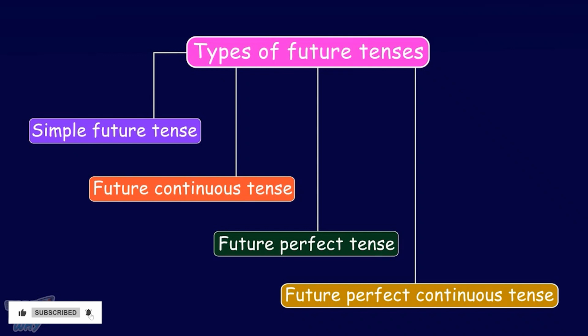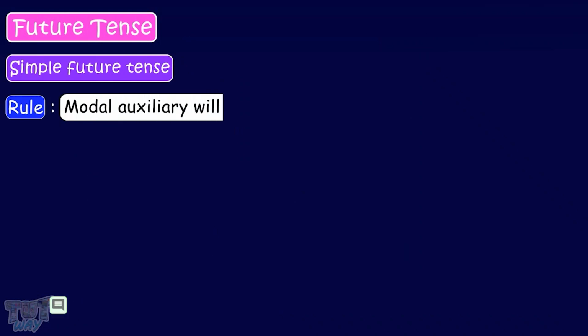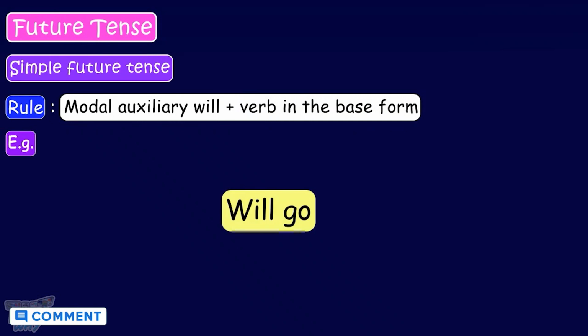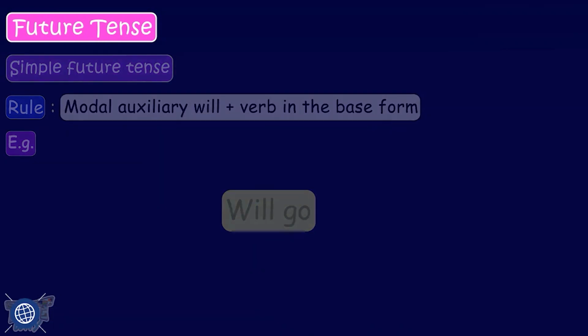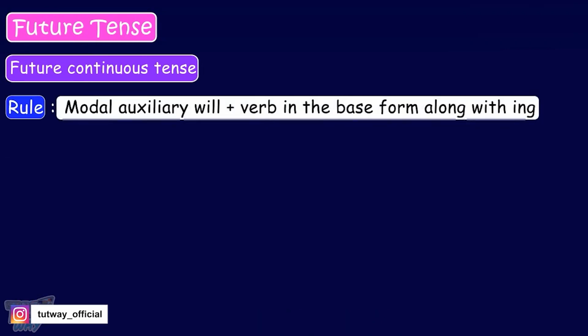Now let's revise the rules. For simple future tense, we use modal auxiliary will and the base form of the verb, for example, will go. And for future continuous tense or future progressive tense, we use the modal auxiliary will, be, and the base form of the verb along with ing.